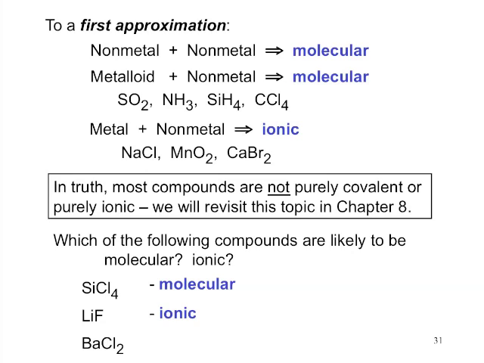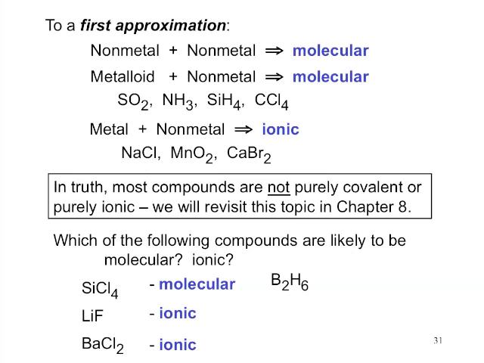BaCl2 is barium chloride. You'll find barium, Ba, is one of the alkaline earth elements, so it's in the second group. So it's a metal. Chlorine is a halogen, a nonmetal. So we have metal with nonmetal, so this compound is ionic.